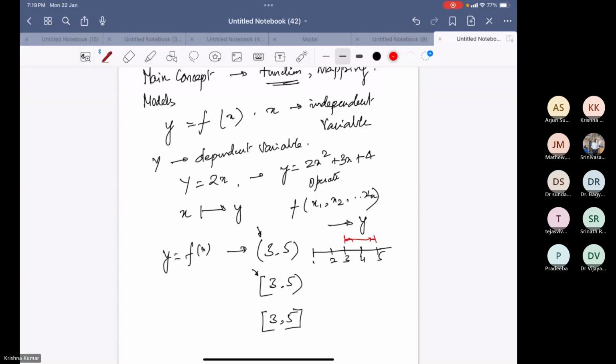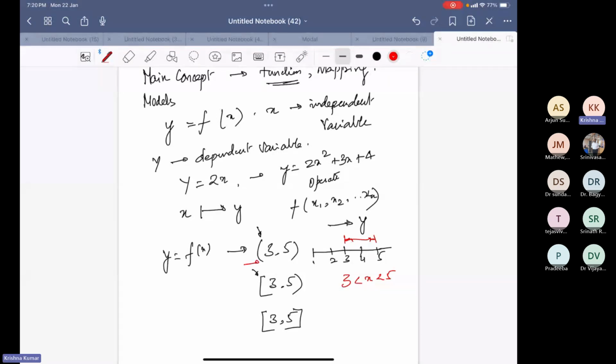But with one rider, whenever I have a bracket like this, then 3 and 5 are excluded. So I say that x acts between 3 and 5. So x is between 3 and 5.